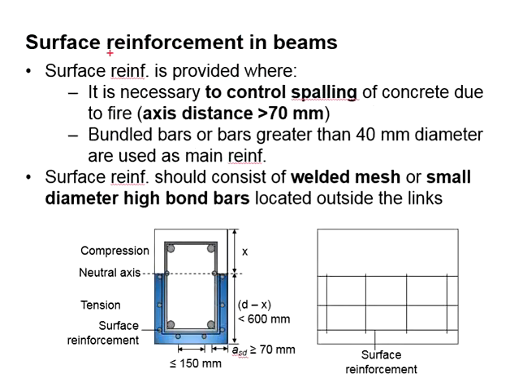As for the surface reinforcement, it deals with spalling of concrete, especially when the axis distance is relatively large, which is more than 70 mm, or when the bars are greater than 40 mm diameter.